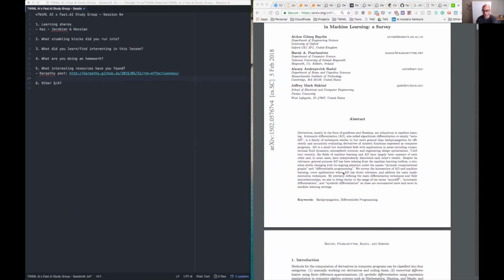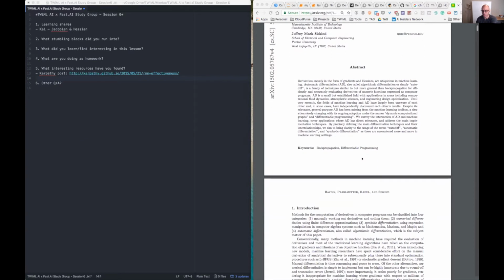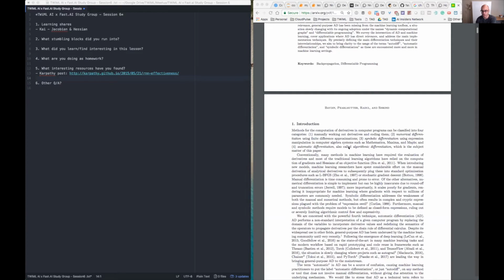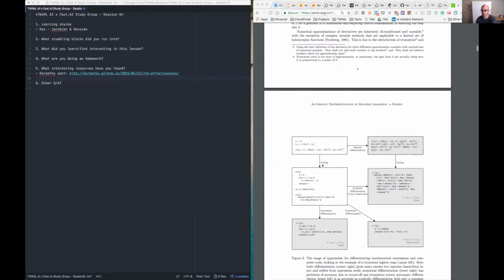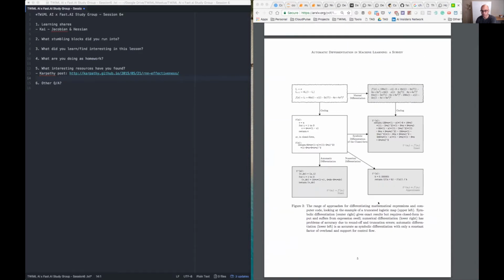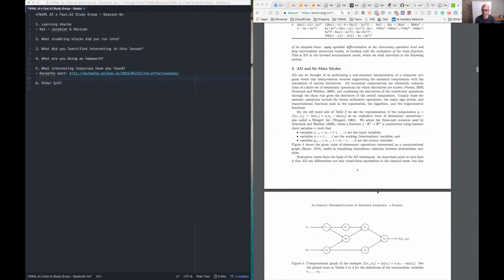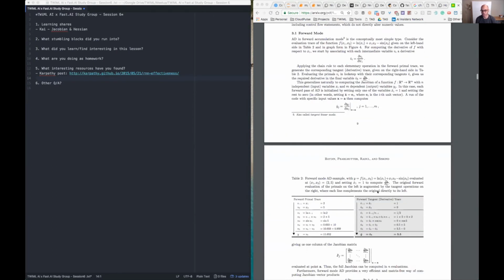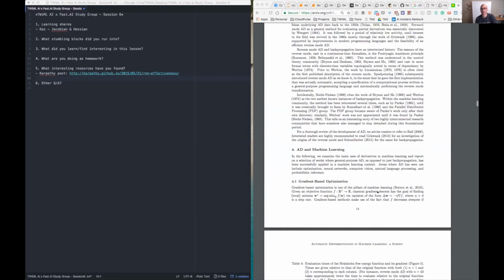They argue that the folks that know numerical differentiation don't really know about automatic and vice versa. There are some interesting examples and visuals about how the forward pass and backprop work, and then some pseudocode examples. Obviously I haven't read it in the 30 seconds since I pulled it up, but it looks like it could be interesting for getting some additional intuition.